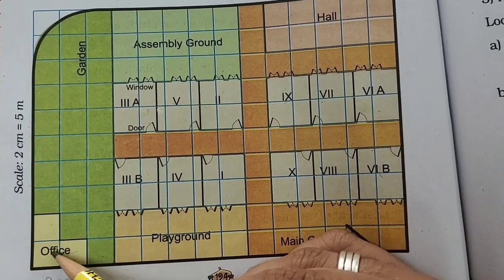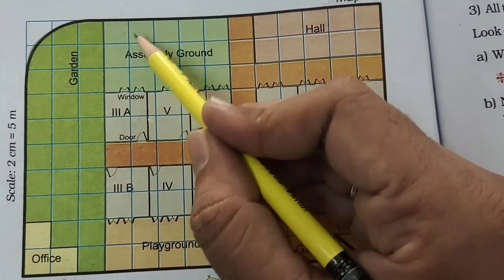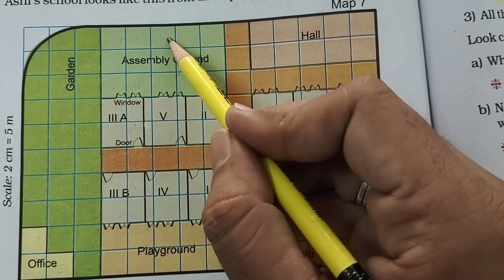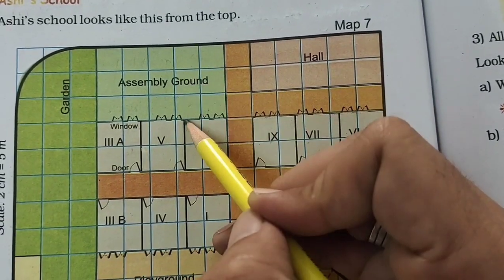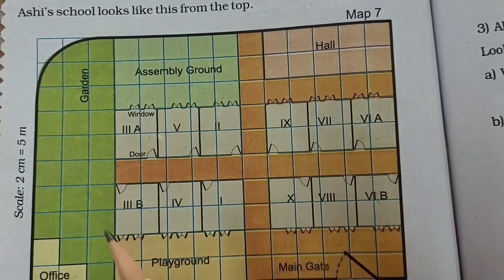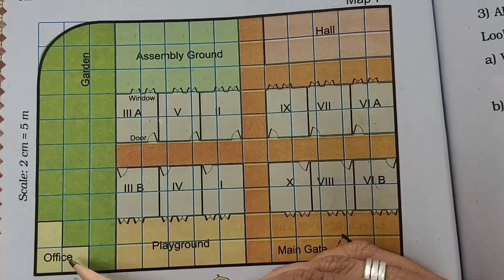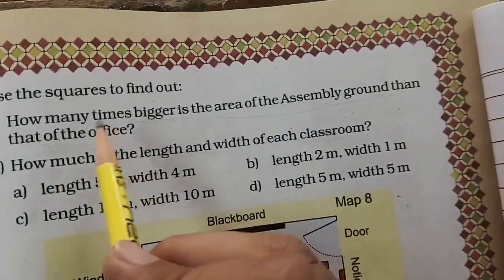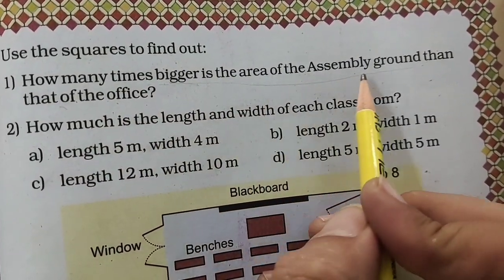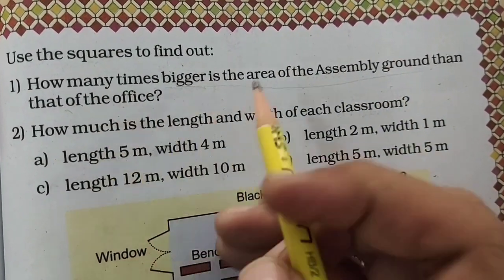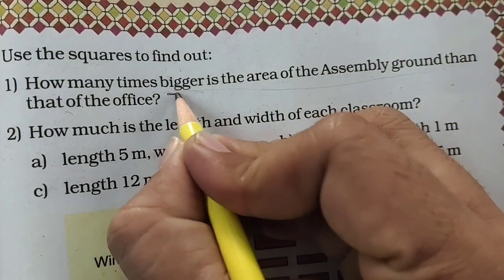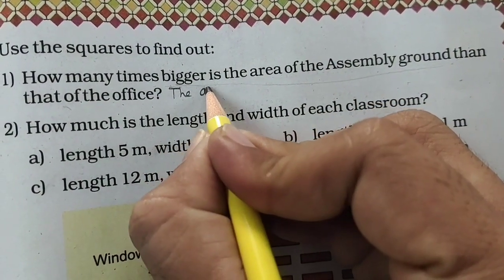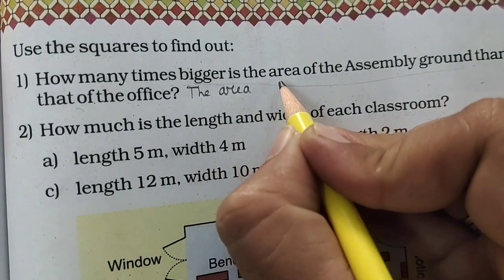Here it is 3 squares. We can see 1 times 3, 2 times 3, 3 times 3, 4 times 3 and 5 times 3. So it is 15. So 5 threes are 15. So it is 5 times bigger. What will we write? How many times bigger is the area of assembly ground than that of office? This you are supposed to write down in your notebook, students.